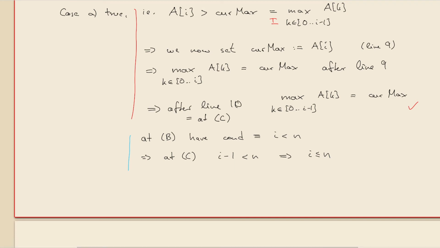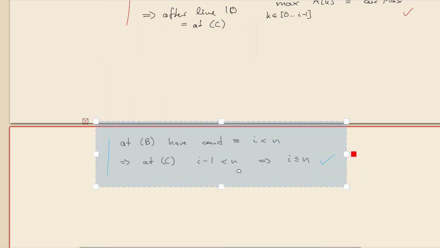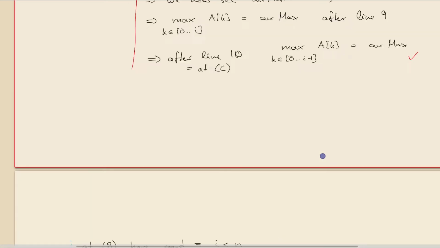And so that finishes the blue part. And I think we can move this outside of the case distinction because it's the same for both cases. So I'll move this down here and out of the case distinction.